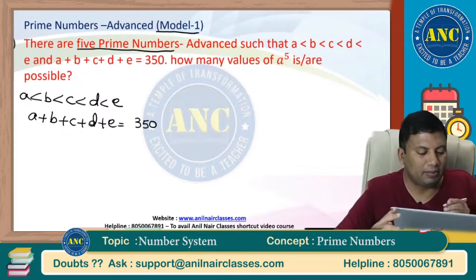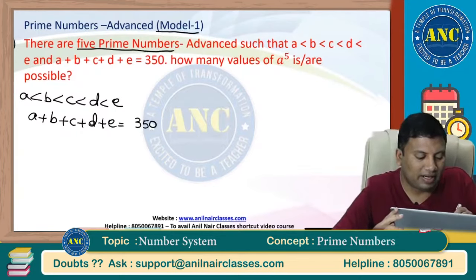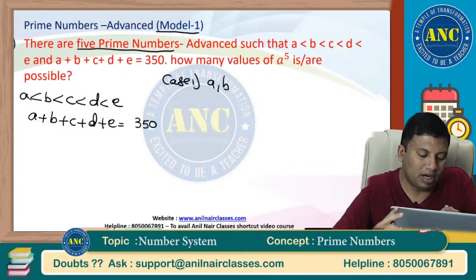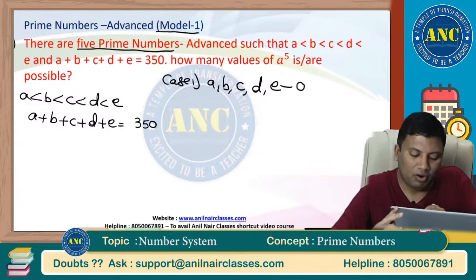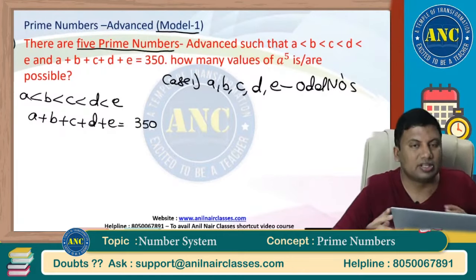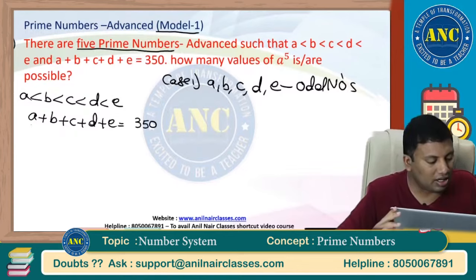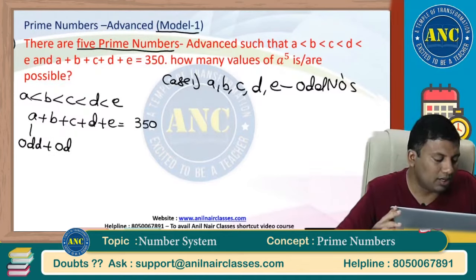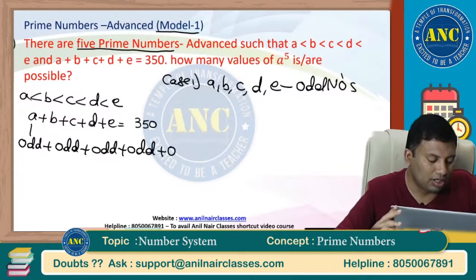When I take prime numbers, if I take case number 1, if all of them are odd numbers, let me see what will happen. I am excluding the 2 case. If A, B, C, D, E are all odd numbers, you don't need to write it.